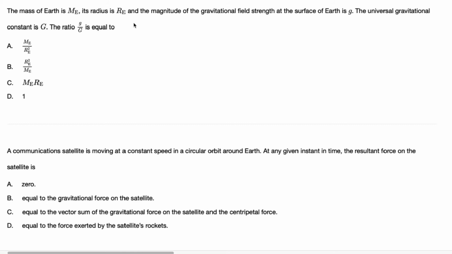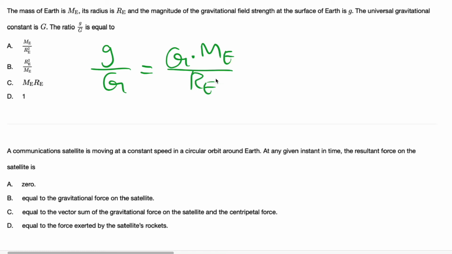The universal gravitational constant is G. The ratio of the gravitational field strength over G constant is equal to g over G, which is equal to G times your mass m_e divided by r_e squared, multiplied by... Is this correct?